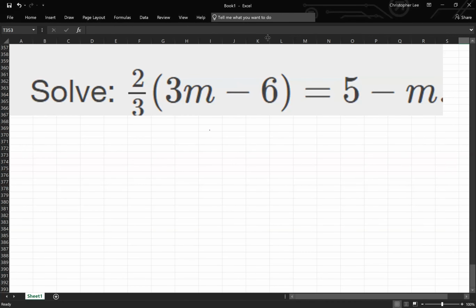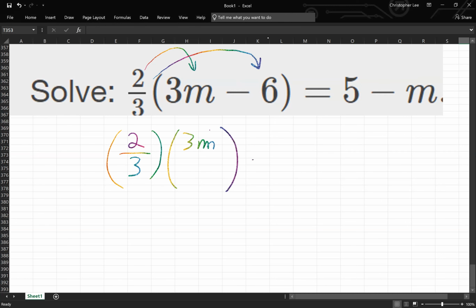I'm going to have 2 over 3 times 3m minus 6 times 2 over 3 is equal to 5 minus m, right?